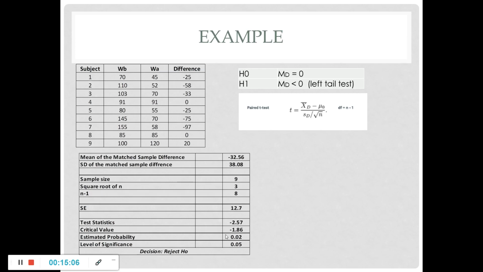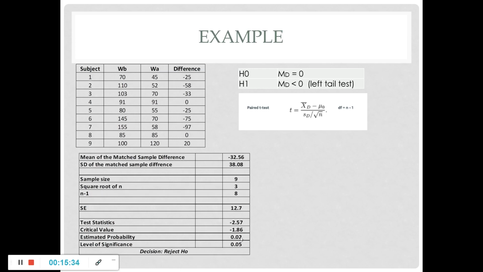And you can also find the estimated probability if you go by the t distribution probability table, where you look for the probability corresponding to the test statistic.